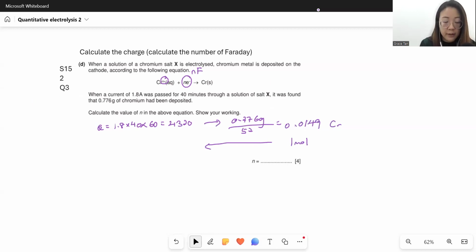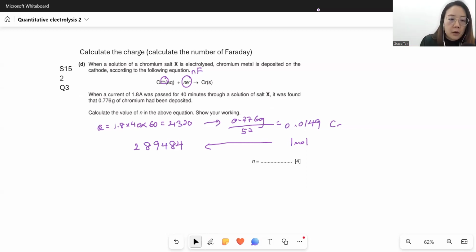So 1 divided by the answer times 4320. According to my calculation, 289484. So this is theoretically how much quantity of charge is required to deposit 1 mole based on the relationship given from the experiment.